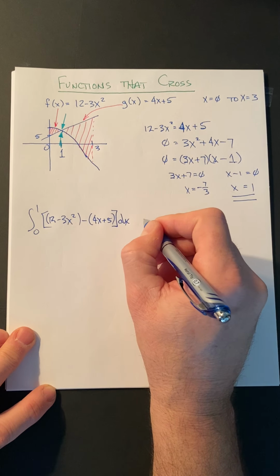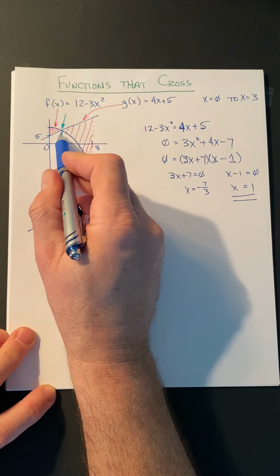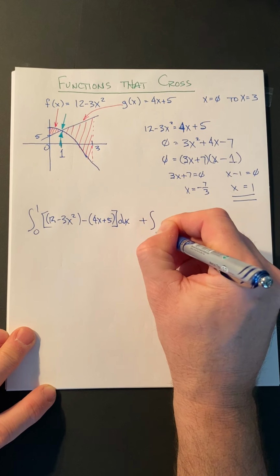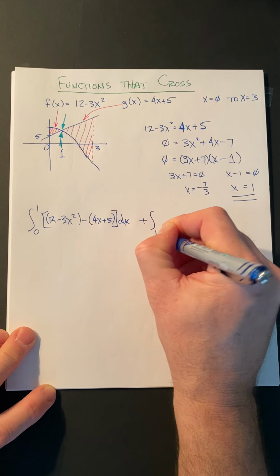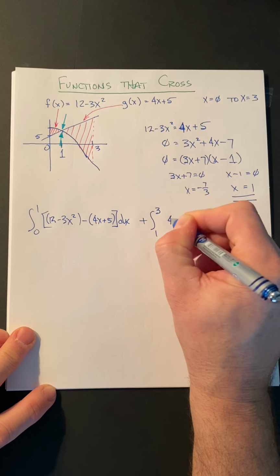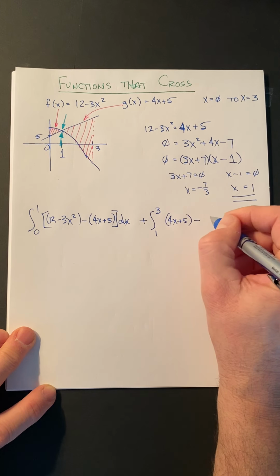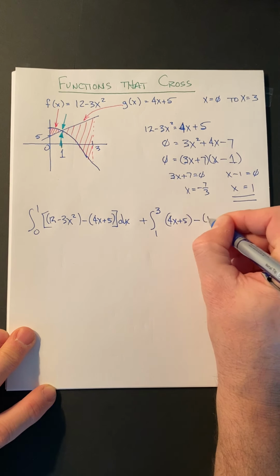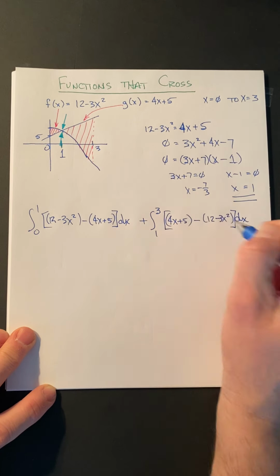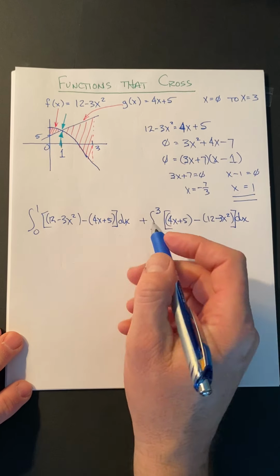And then I'm going to add to that the area from here, which is going to be the integral from 1 to 3 of g of x, 4x plus 5, minus f of x, 12 minus 3x squared dx. Okay? So I just have two different integrations that I have to do.